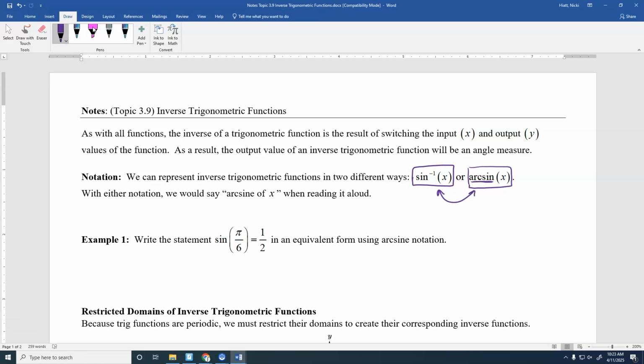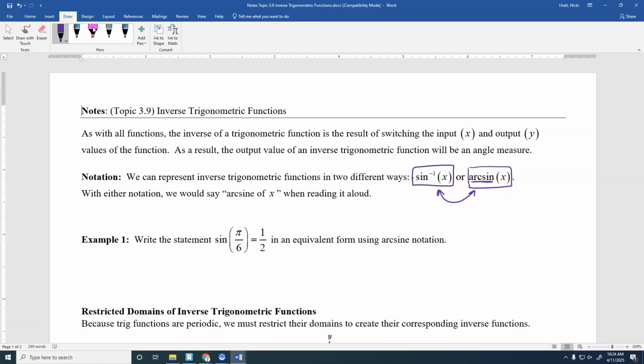And I need to look through the released material to see. I think either one of them is fair game for the AP Calculus, AP Precalc exam. But I think they tend to use the inverse notation a little bit more. It's good for you to know both of those notations because soon you will be headed off to colleges where you will be taught by professors.